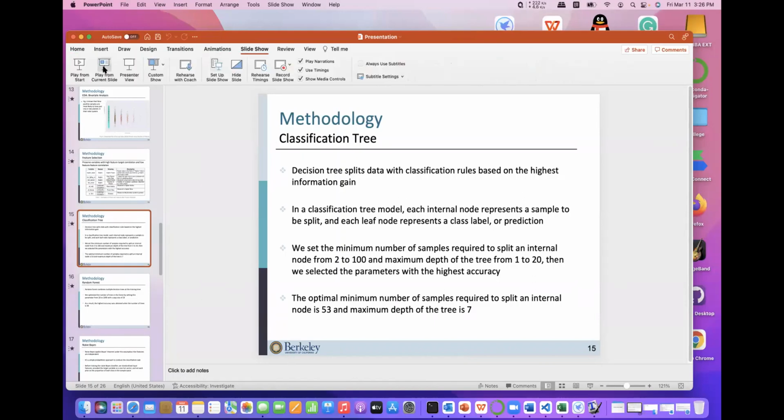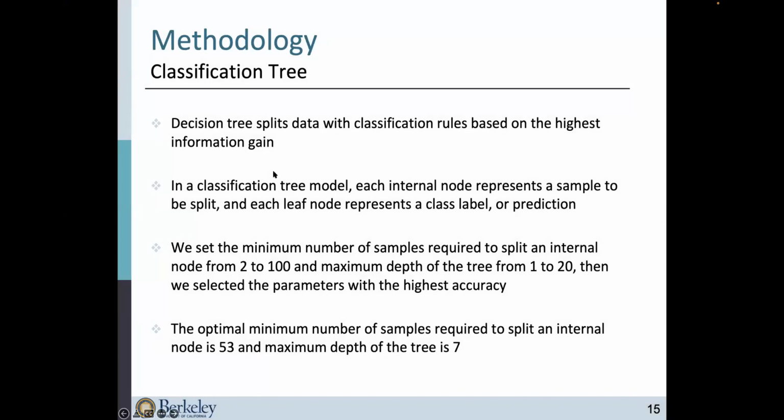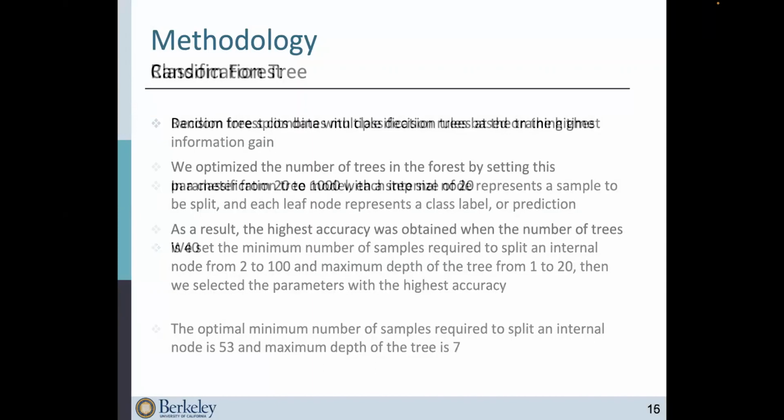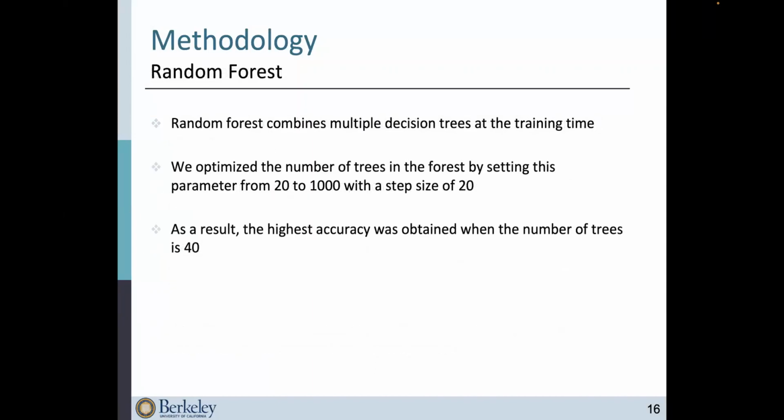For example, the parameters of the classification tree are the maximum depth of the tree and the minimum number of samples, so for the tree we just adjust these two parameters. For random forest, based on the tree, we optimize the number of trees in the forest.